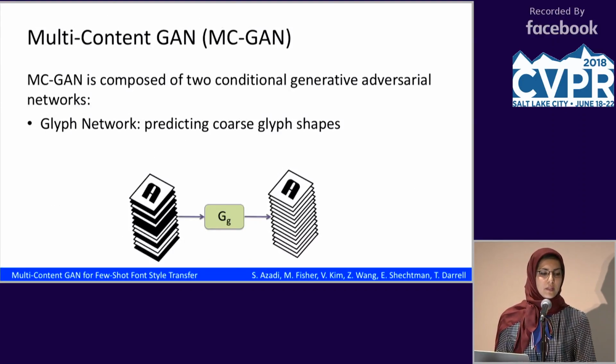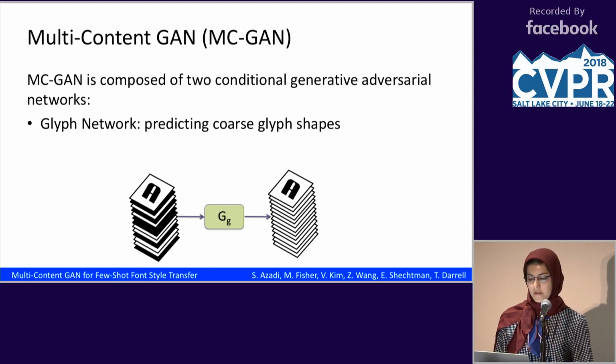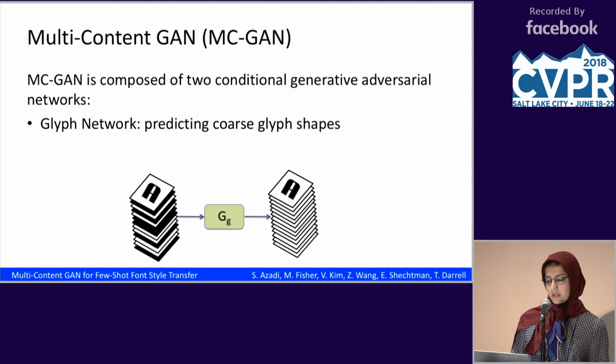And we propose a multi-content GAN model composed of two conditional generative adversarial networks. The first network, called GlyphNet, is designed for predicting coarse glyph shapes given the few observed letters. Considering the 26 glyphs as different content images following the same style, we have a glyph stack in both the input and output of the generator, where in the input we zero out the channels corresponding to the unseen glyphs.